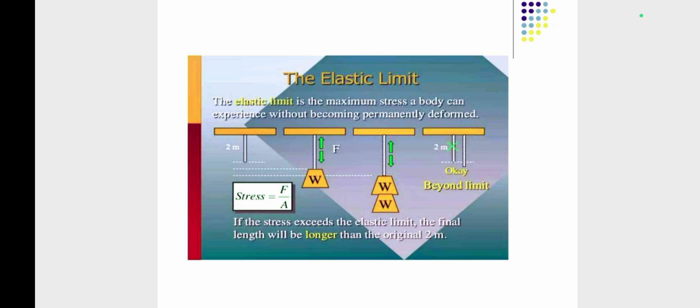The elastic limit is the maximum stress that a body can experience without becoming permanently deformed. In figure B and figure C, there is no problem, but after a certain limit, that is the elastic limit, the rod will not regain its original position, that is it will not be 2 meter after removal of load. So that is the example of elastic limit.